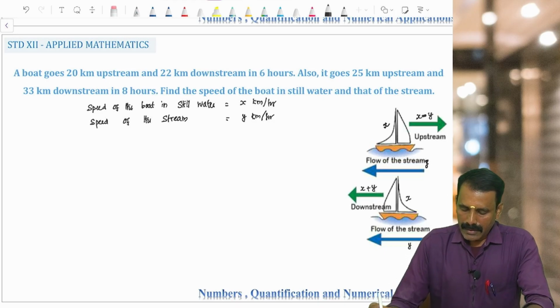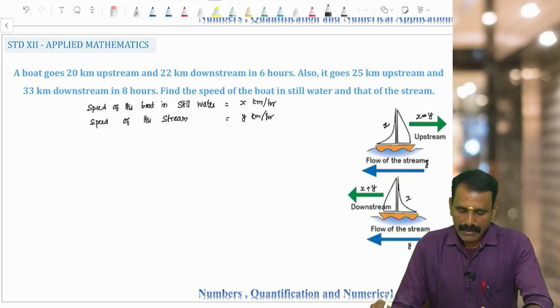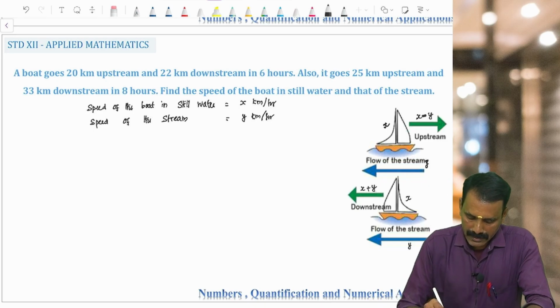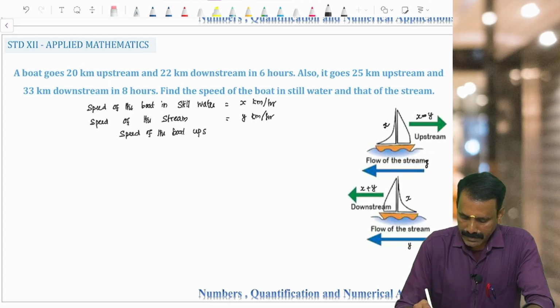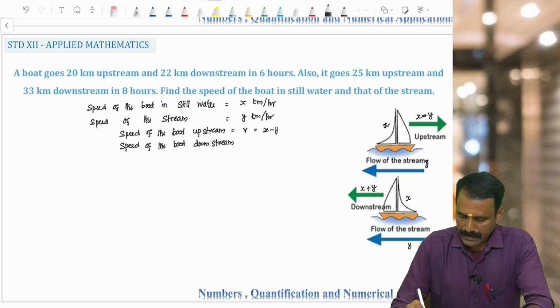Now we are supposed to find the values for x and y with the given data. We write the speed of the boat upstream, v, that is equal to x minus y. Speed of the boat downstream, u, that is equal to x plus y.